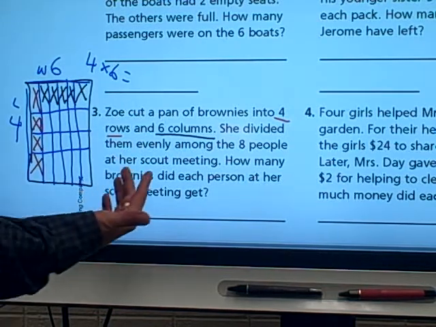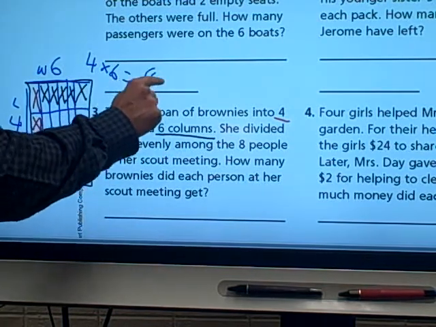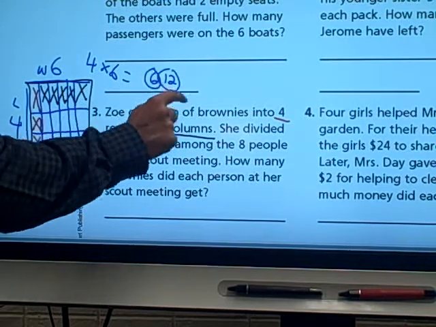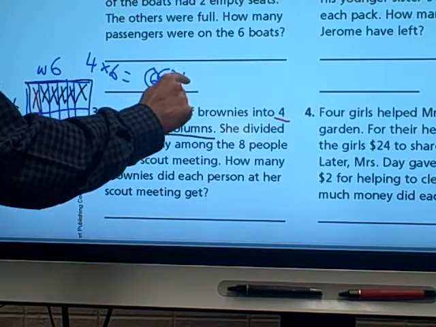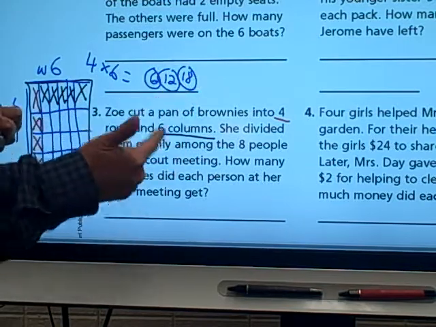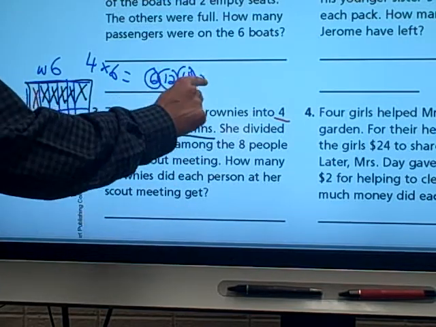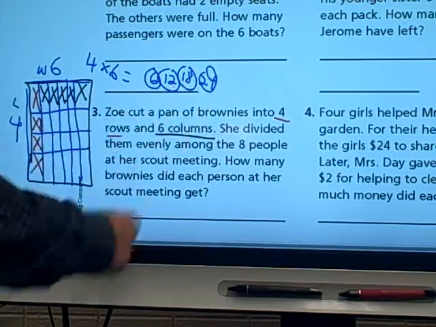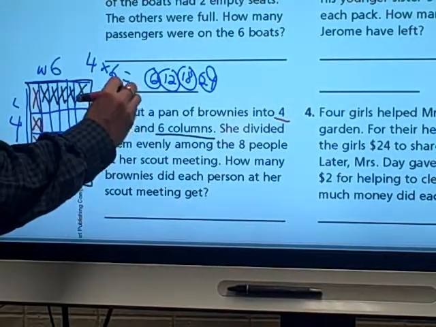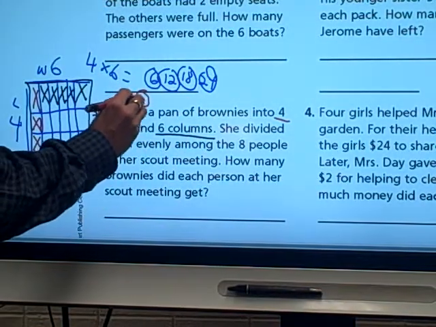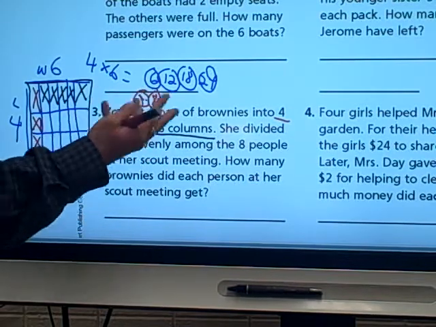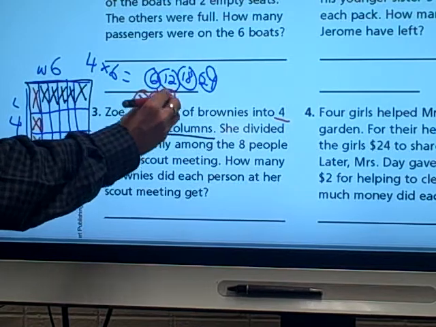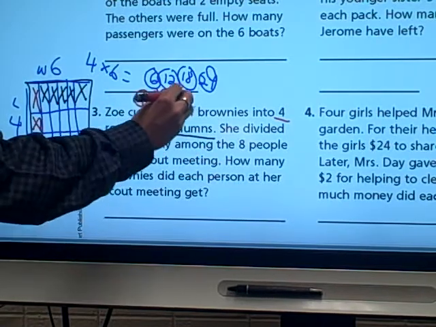Now, if you don't know that fact, you can count by 6s: 6, 12, 18, 24. Or you could count by 4s, right? 4, 8, 12, 16.